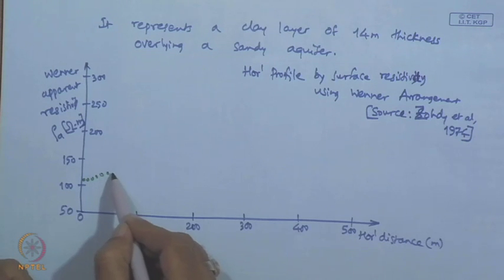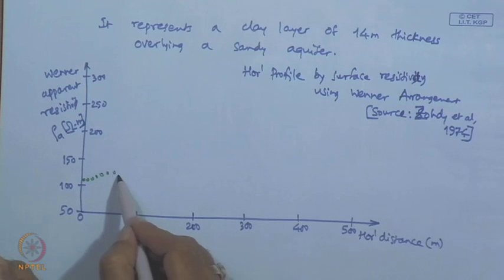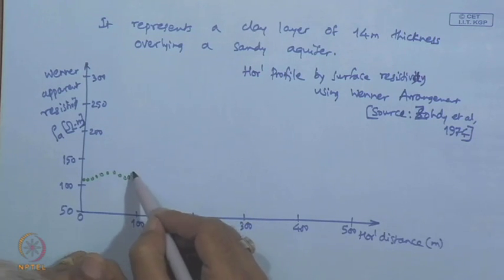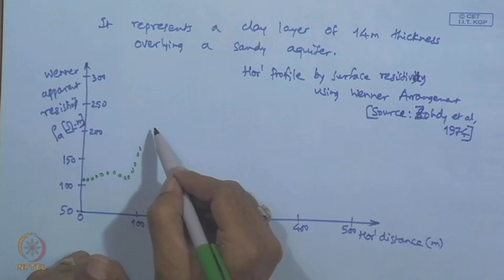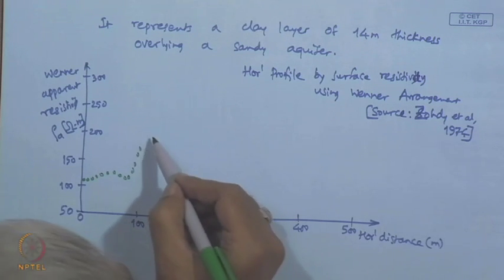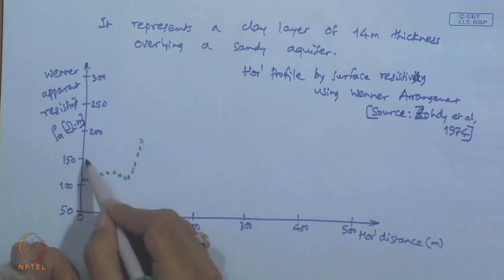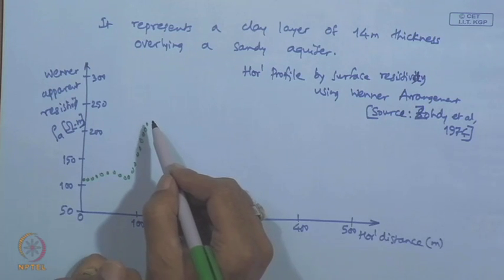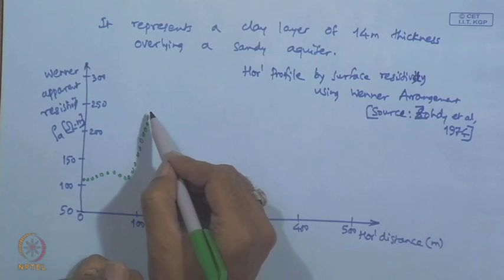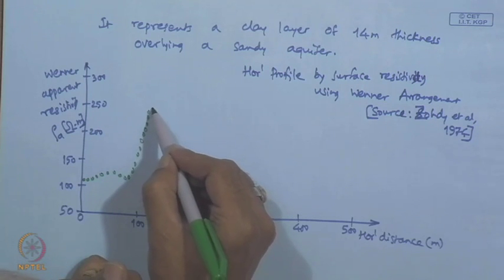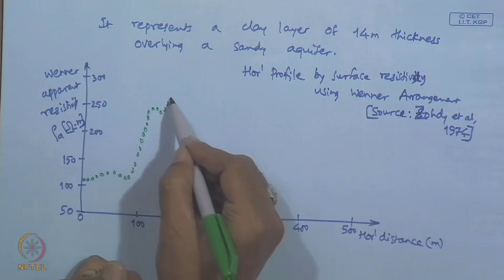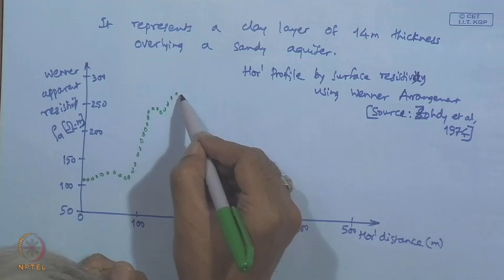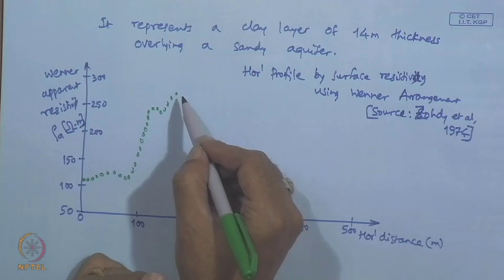In this case, the resistivity will vary just in the range of 100 to 150 ohm meter, and if it is gravel, then the resistivity will be varying in the range of 200 to 250 and even slightly higher also.